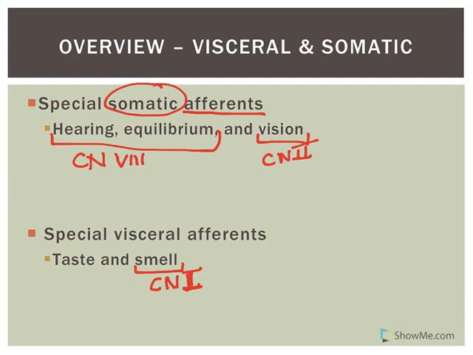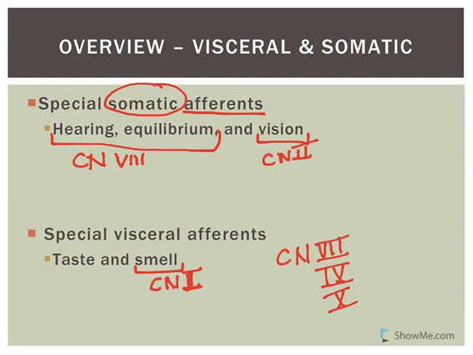Unfortunately, those cranial nerves are mixed nerves, so the special visceral afferents aren't the only type of fibers you'll find within those nerves. Because they're mixed, they have motor fibers or efferents, and that's something that can be discussed at a later time. Taste could be carried along cranial nerve number 7, facial, 9, glossopharyngeal, or 10, the vagus. So they will have those type of fibers along with some other type of fibers.